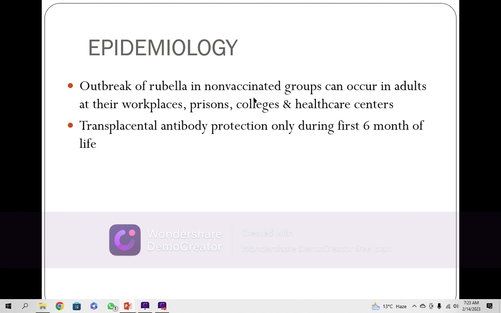Epidemiology: outbreaks of rubella in non-vaccinated groups can occur in adults at their workplaces, prisons, colleges, and healthcare centers, and there will be transplacental antibody protection only during the first 6 months of life in children. Remember, if rubella or measles or mumps, whatever you are calling these childhood infections, occur in adults, they are very, very severe. And complications are more in adults than in infants.